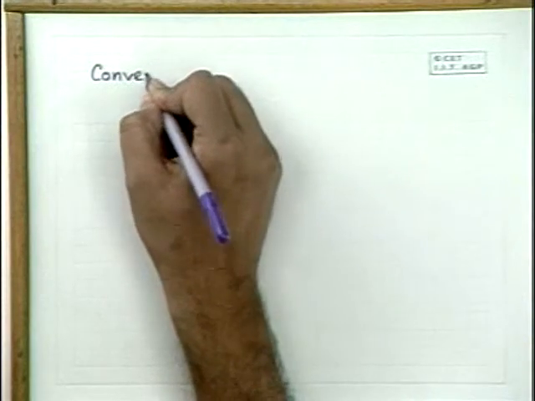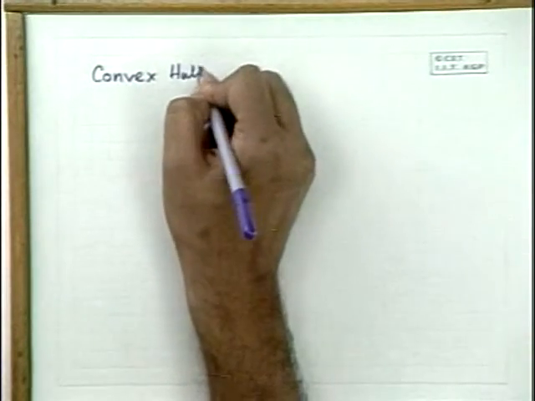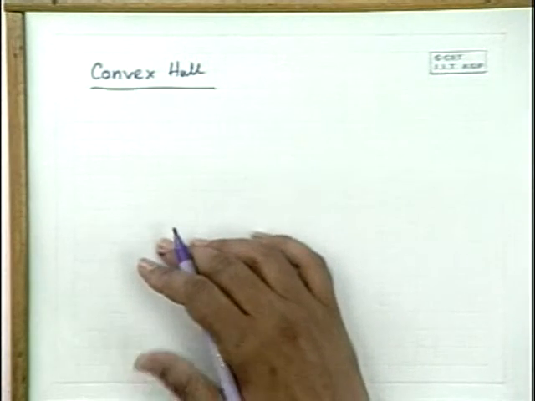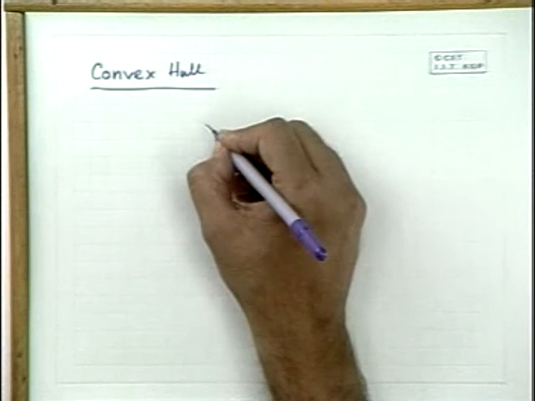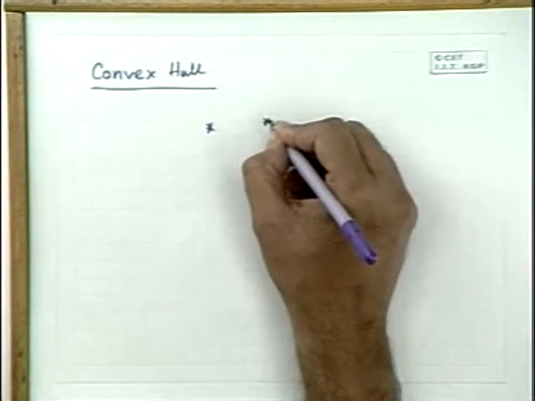This is a very important problem in geometric area. So let me first define what is a convex hull. Suppose we have been given a set of points in 2 dimensions.